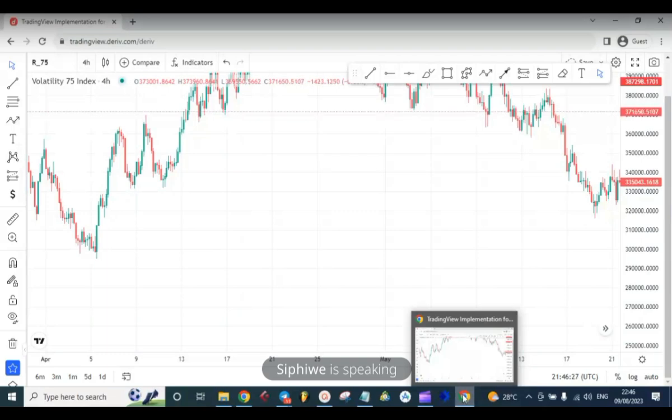Should we read those long wicks as a potential reversal, even if it's a ranging market? If not, how can we then anticipate that it will break either on the upside or on the downside of the range? I hope my question is clear.